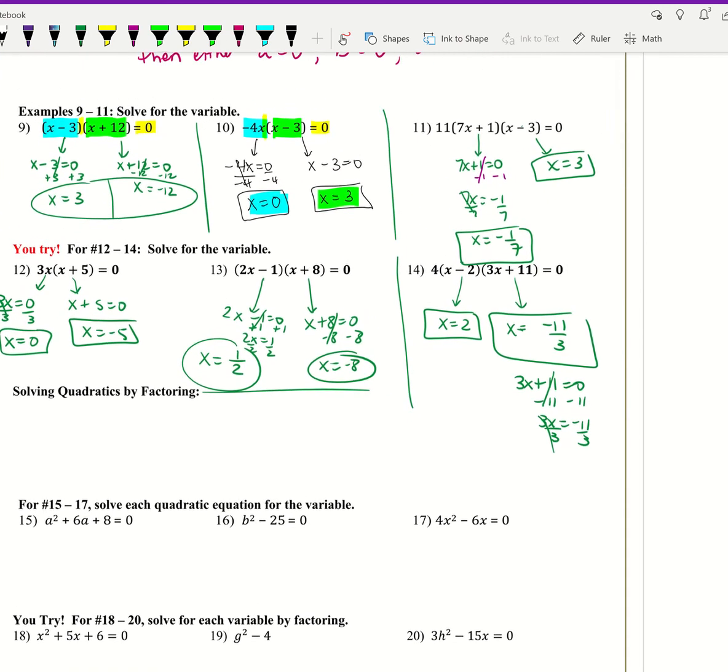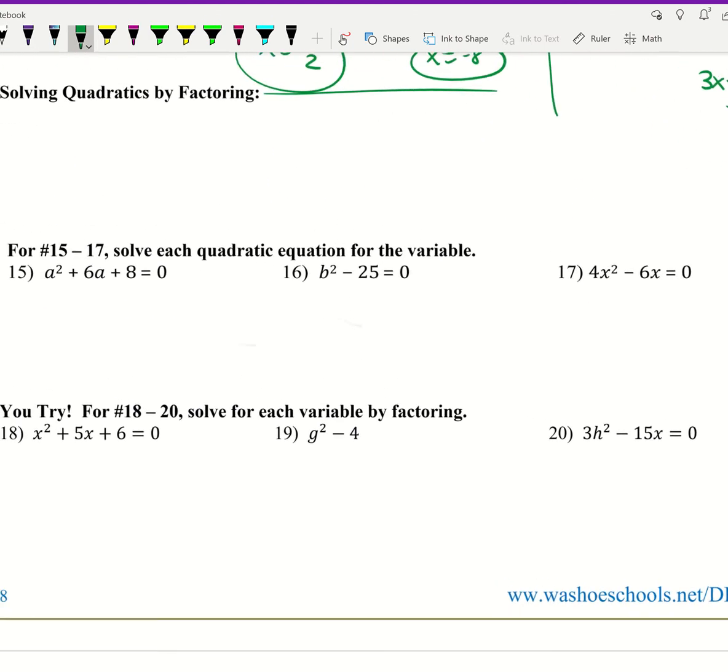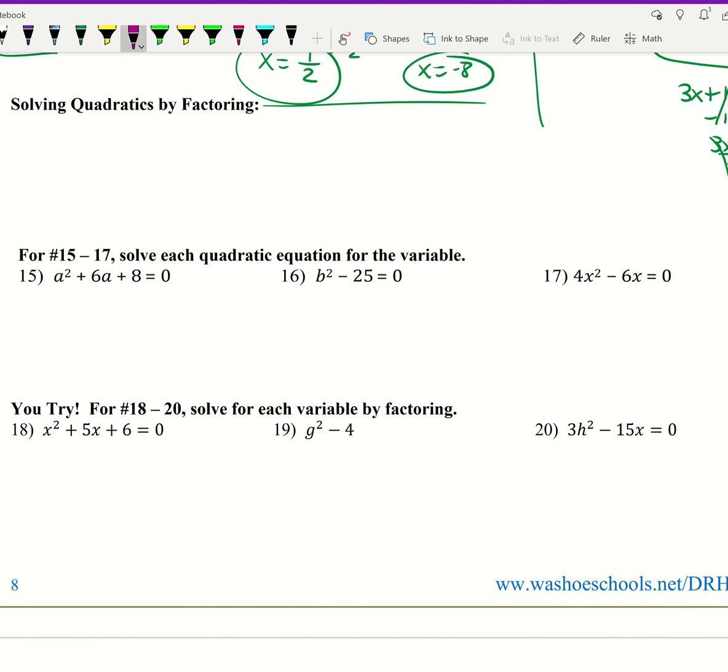Now, sometimes if you look at 9 through 14, these are all problems that have already been factored. Sometimes you're going to be working with problems that have not yet been factored. So first of all, you want to make sure that you have a 0 on one side.